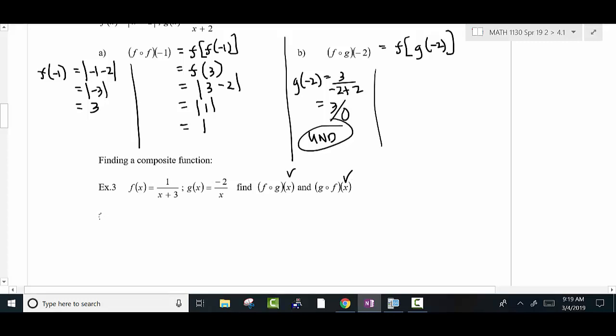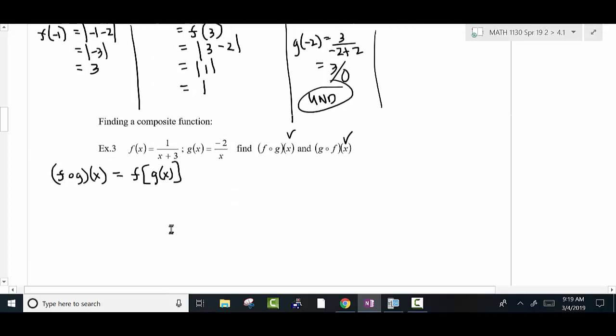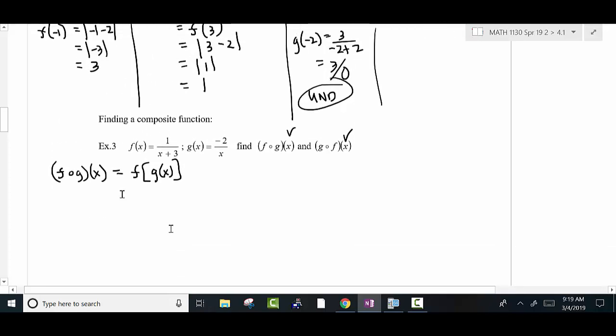All right, so to begin with, on this first one, let's do f composed of g of x. So I would just write on my paper, like I've been telling you to do, f bracket g of x. Now you're going to plug one function into the other one. The way I always tell students to do this is write down the first function. The first function's 1 over x plus 3.